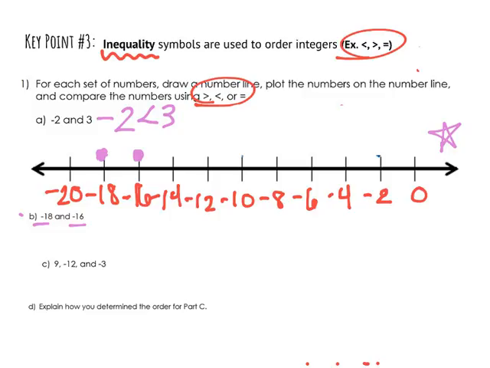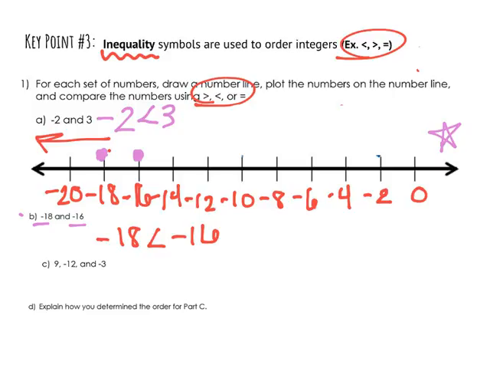So looking at my number line, I know that the further to the left I go on the number line, the smaller the value becomes. So therefore the number furthest to the left is going to be the smallest number. So that means the integer negative 18 is less than negative 16.